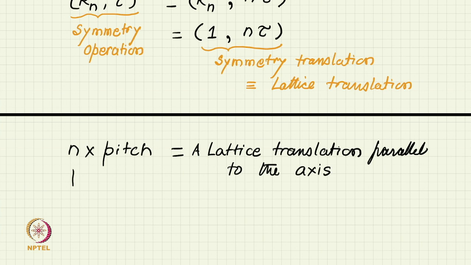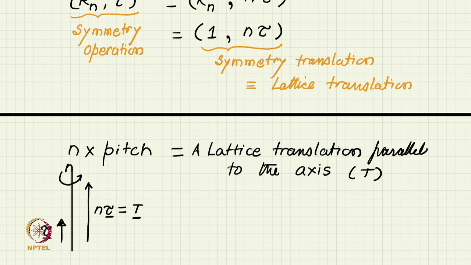So, if we have a screw axis, and we had a tau, which was the pitch or the intrinsic translation associated with the screw, then we are saying that n times tau is some lattice translation, let us call that T, parallel to the axis.